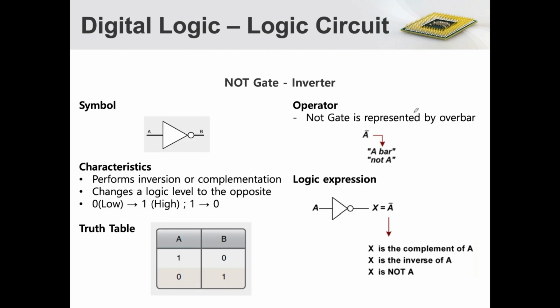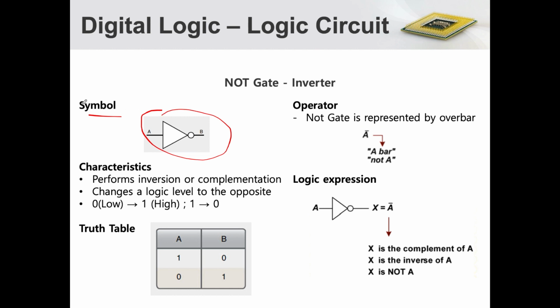So here I summarize it all together. On the symbols, you can see this is the symbol. Please memorize, please understand the symbols, because later on you will always use these symbols in combination with other gates.